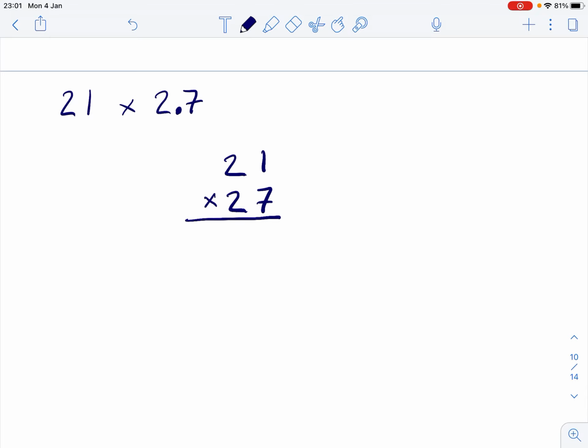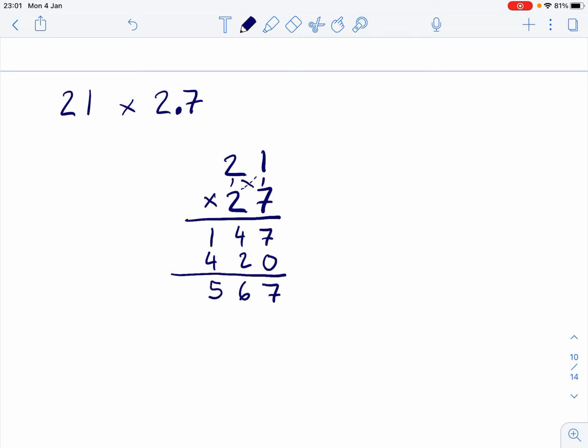So I'm going to start by doing 1 times 7, writing it here, and then 7 times 2, which is 14, and I'll carry the 1 over into my hundreds column, then add a 0 as I'm going into the tens column, and 2 times 1 is 2, and 2 times 2 is 4. So my final answer is 567.